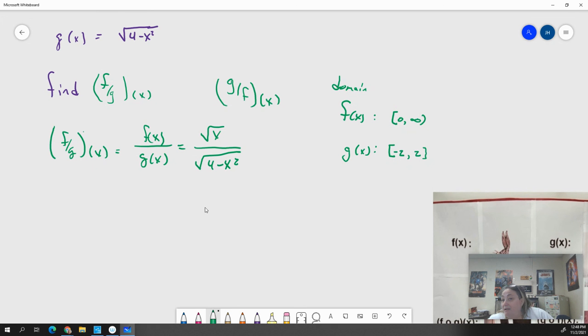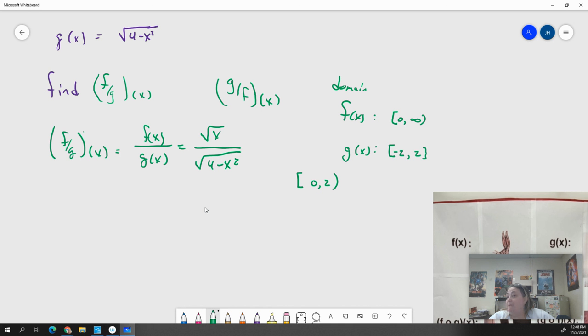The domain of f over g would be, well, what makes this 0? Because this can't be 0. This one can go anywhere from 0 to 2, but it can't include 2. If I put 0 in here, I get 4 minus 0, which is 4. If I put 1 in there, I get 4 minus 1 squared, which is 3.